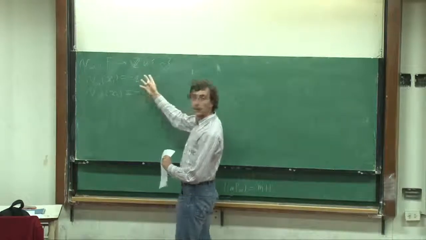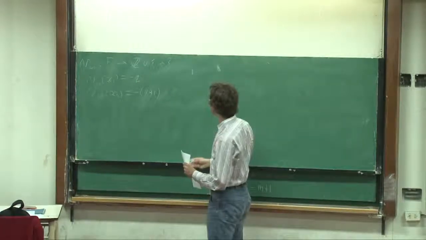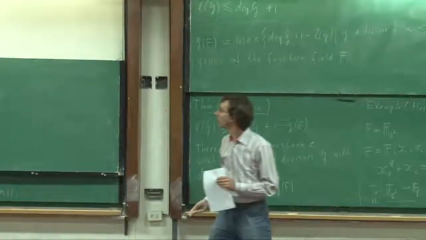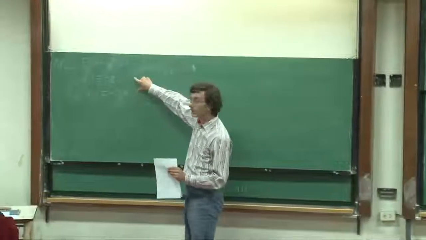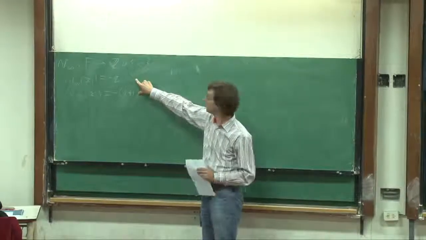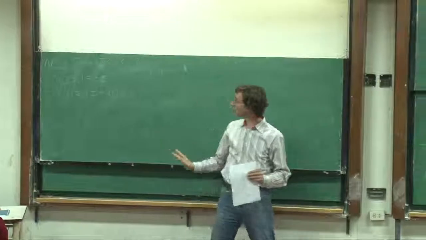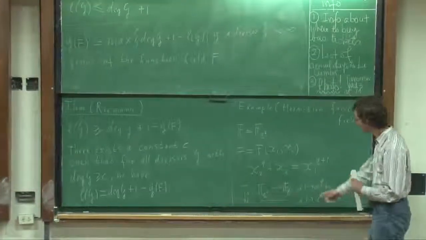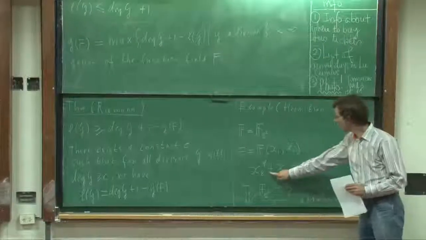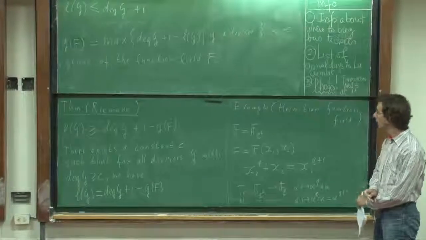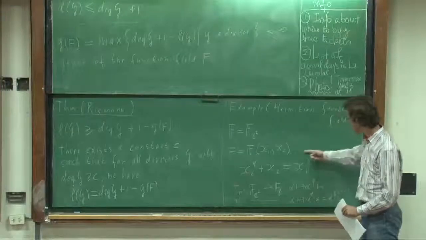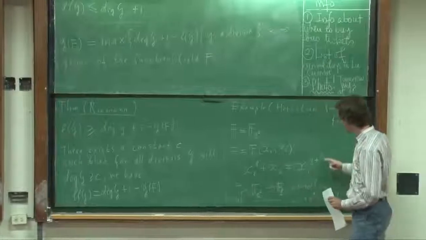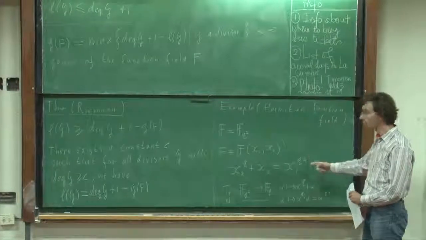Now to see why this actually defines a valuation, you would have to go into details, but let us at least check that this definition is compatible with the equation I had. If it's not, then definitely we're in trouble. But let's see what we have here. We have the equality of these two elements from the function field. Taking the valuation on this side, x1 has valuation minus q, so it will give you minus q times q plus 1.